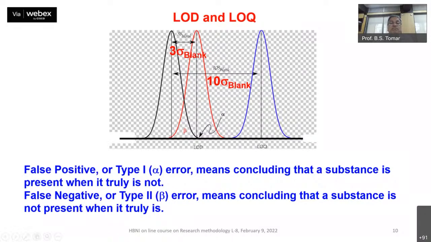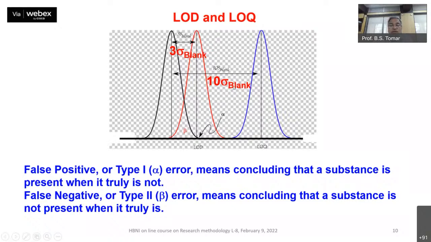So you say 3 sigma of the blank gives the limit of detection. And you see in the literature that that is for detection, that yes, you can detect it. But if you want to quantify, then if you get data at 10 times the standard deviation of the blank, that is called the limit of quantification.